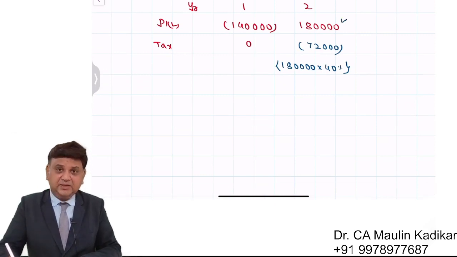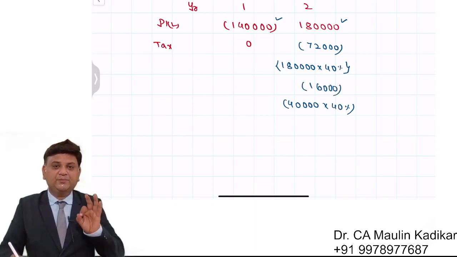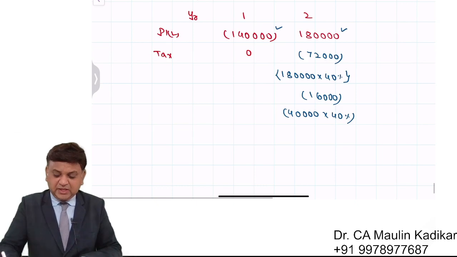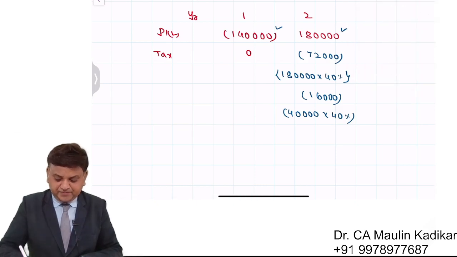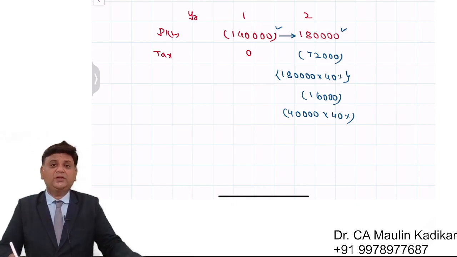This is 1,80,000 minus 1,40,000. On 40,000 rupees, you have to pay tax at the rate of 40%. That comes to 16,000. There is a provision which is given the name carry forward of the losses.